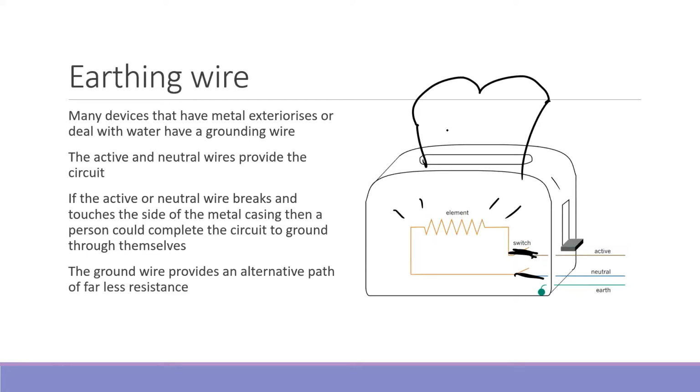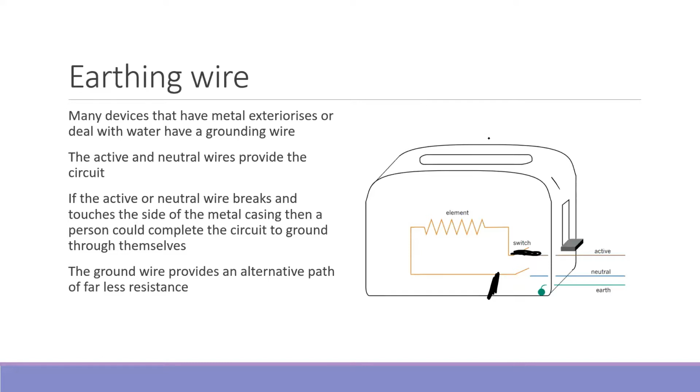Now, what happens if, let's just say you drop your toaster and one of these wires breaks? Instead of this wire connecting to neutral, it actually connects to the side of the metal frame. Now this whole metal frame is electrified. Remember, the electricity wants to get back to the ground because the ground has got a lot of places where the charge can go.